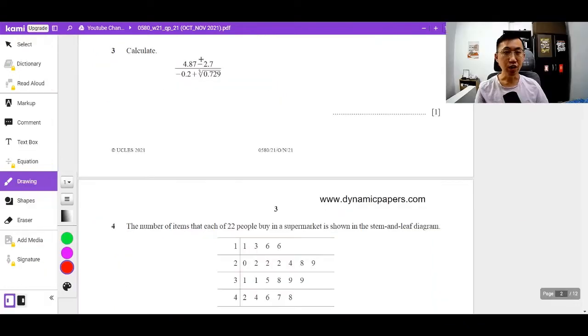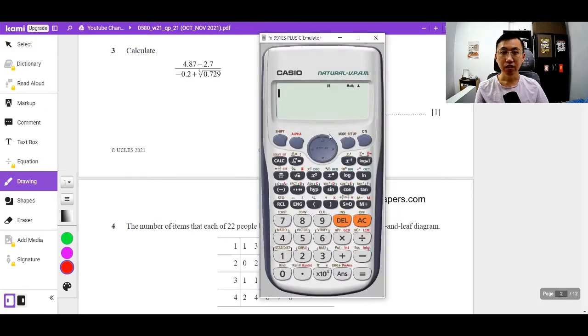Question 3, calculate this. Okay, wow, 1 mark only. So this is just calculator practicing. If you're using the FX570 ES model or 991 ES model, you have this function to do your fraction. So you just key in 4.87 minus 2.7. Okay, then go downward. Just type exactly. Be careful.